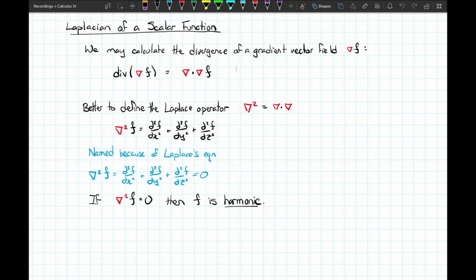Now, an example of harmonic functions would be functions that are simply linear in x, y, and z, because all of these second partial derivatives would equal 0. That might help you to interpret what the Laplacian means. The Laplacian is kind of like an extension of curvature, this idea of concavity, but for multivariable functions.